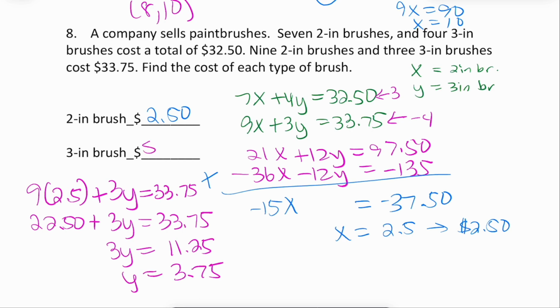And the 3-inch brush we find to be $3.75. So that is how we do some of the linear systems. So you can look over this to study for the quiz. The quiz is going to look just like this.